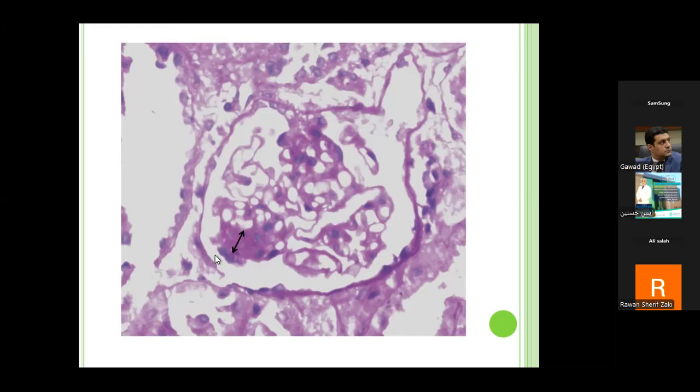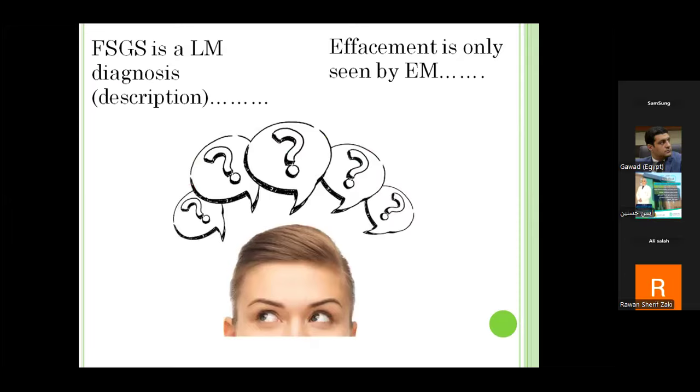Another picture showing an increase in the mesangial matrix. Okay. So now we have said two concepts. The first is that focal segmental glomerulosclerosis is a light microscopic description, and we have seen together multiple light microscopic pictures that showed us the description and the definition of what is called focal segmental glomerulosclerosis.